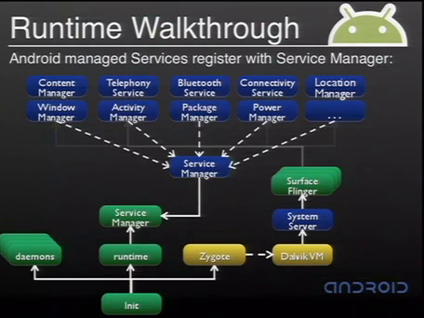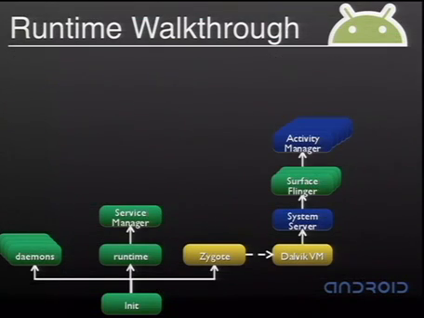So it's a Java representation. And they register and say, okay, I'm the activity manager, and I'm ready to accept calls. I'm the package manager, and I'm ready to accept calls from other processes. So at this point, you have more or less the full stack ready that needs to be there for the first activity to start up.